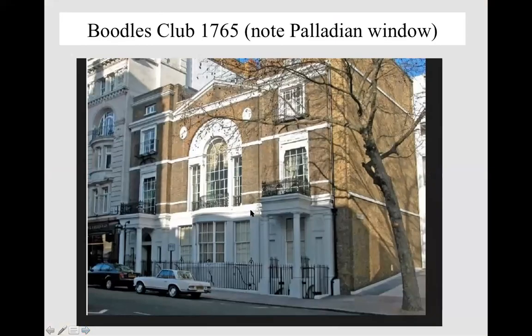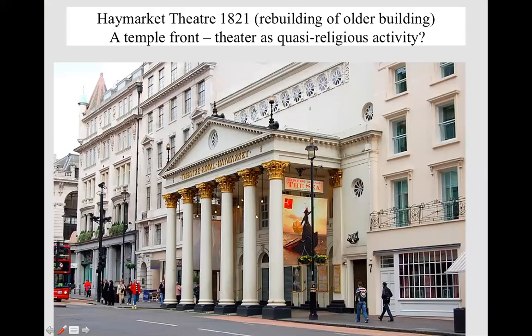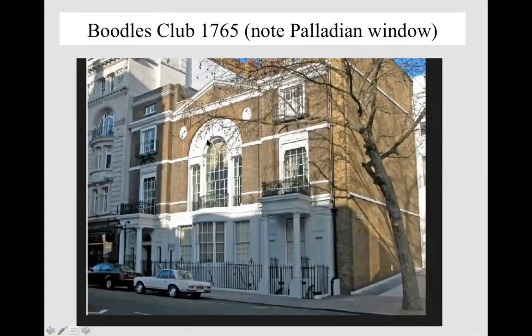I'm just showing you this is a club, actually, a gentleman's club where you can go and smoke and drink and play billiards and so on. It's called a Palladian window, with a central element which is round arched and then two flat pieces of beam to either side.